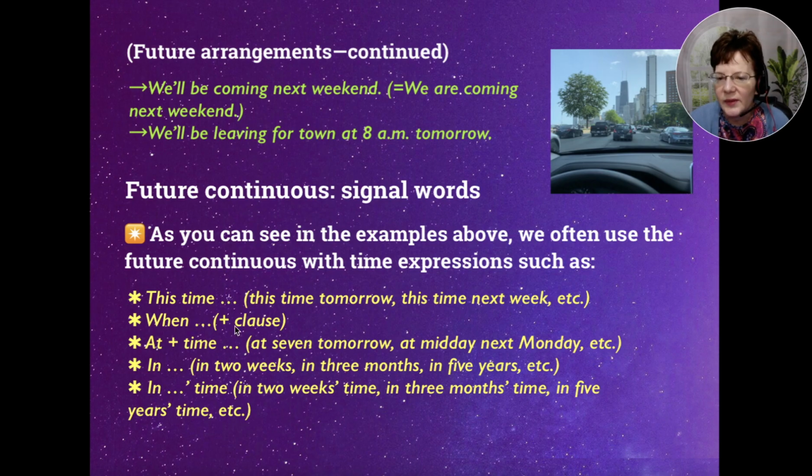When plus a clause, at plus a time, like at 7 tomorrow, at midday next Monday, etc. In, like in 2 weeks, in 3 months, in 5 years, things like that. And then in however long of a time. So, for example, in 2 weeks' time, in 3 months' time, in 5 years' time, and so on. All right.